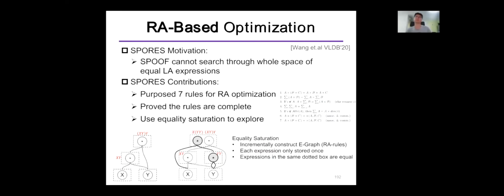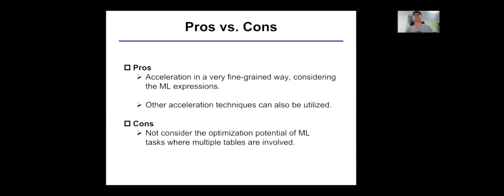They prove that the rules are complete, and they use equality saturation to explore the rule space of the RA optimization. So the advantage is the acceleration in a very fine-grained way, considering the machine learning expressions. And the other advantage is that other acceleration techniques can also be utilized.